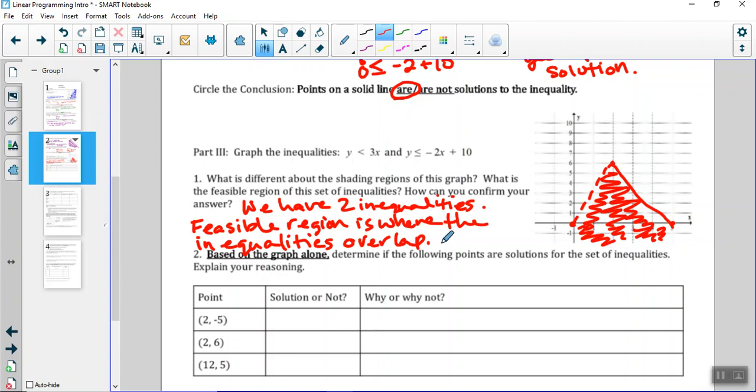And we can confirm our answer by checking some points. So we're going to check some points now. It says, based on the graph alone, determine if the following points are solutions for the set of inequalities. So that means we have to find our answer by looking at the graph.